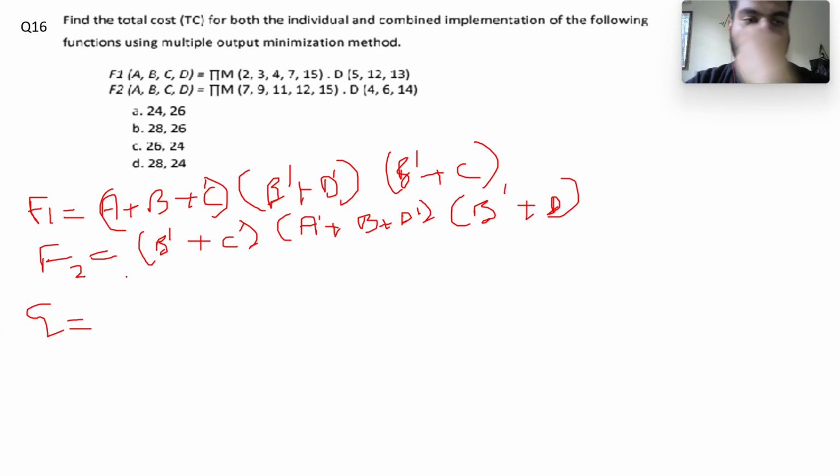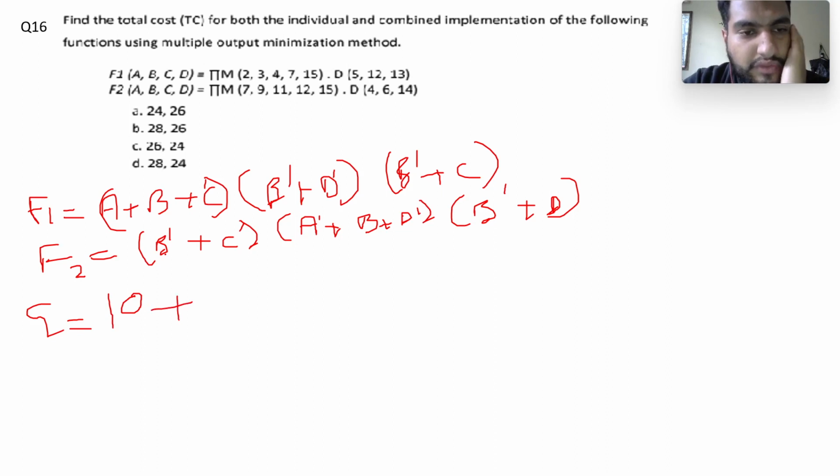Now getting the gate cost first. G will be equal to the number of literals. First count that: 1 2 3 4 5 6 7, so 7 plus 3, that is 10.